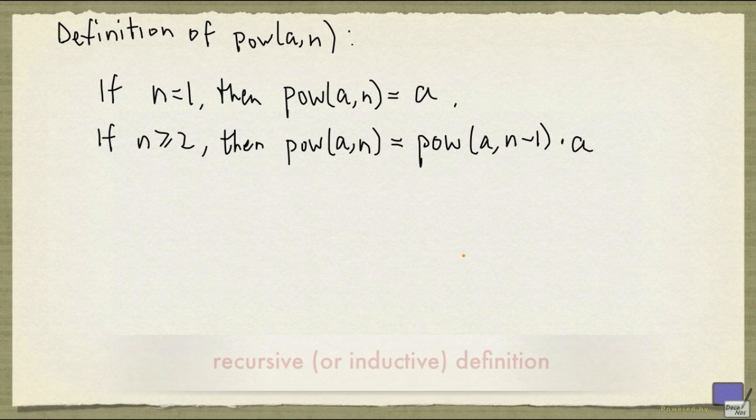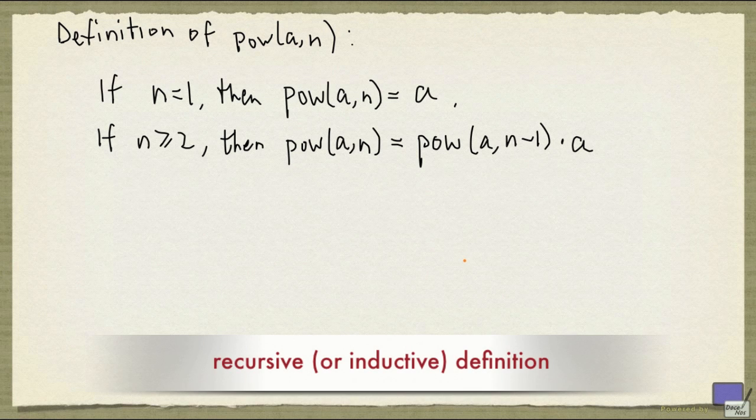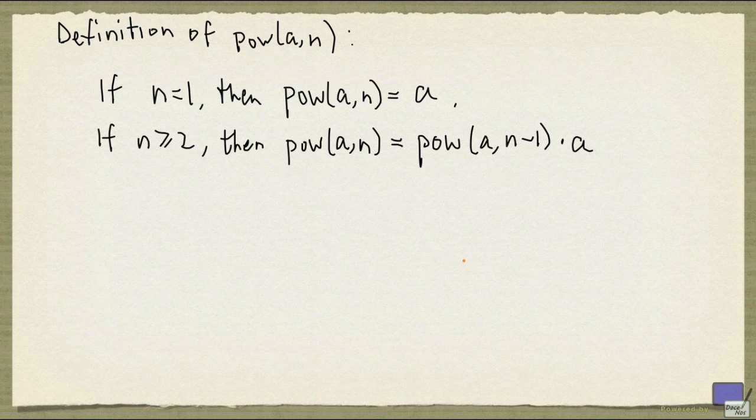A definition like this is called a recursive definition or inductive definition. It starts with a simple case called the base case, and then it gives rules for obtaining the remaining cases. Here, the base case is when the power is 1, and for larger powers, they are dependent on the power that is 1 less.